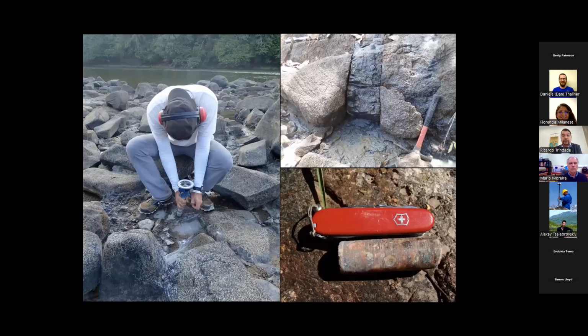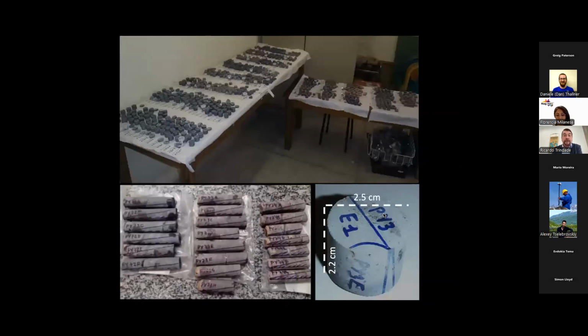So as you all know, what we do in paleomagnetism nowadays is we go to the field, we collect samples, we orient the samples. Here I have a colleague working on some dikes in the Amazon. Then we have the dike, the sample, the cylinder collected. Then we extract the cylinder. Then we go to the lab, we cut them into several different small samples.